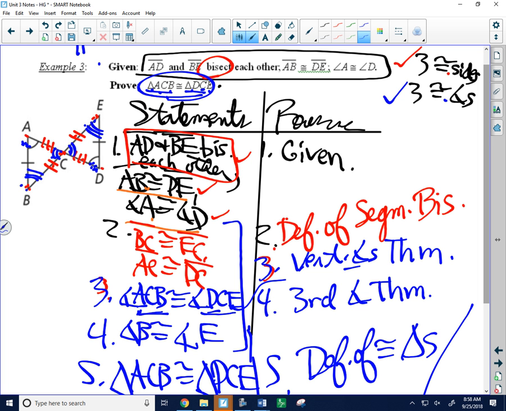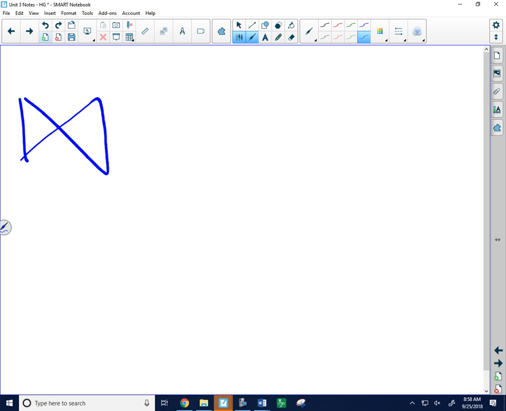Last thing I want to say before I let you work on just page 4 of the practice is these type of triangles. They look like a bow tie, right? So you'll hear me say, if there are bow tie triangles, you will always do vertical angles. Got it. So if you see bow tie triangles in the future, vertical angles.